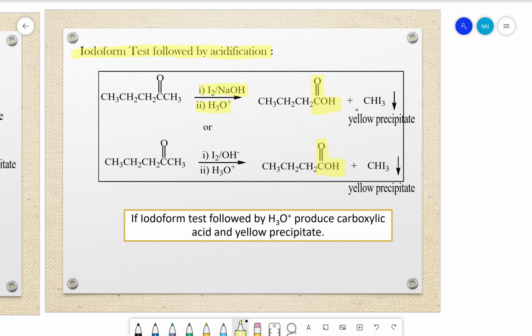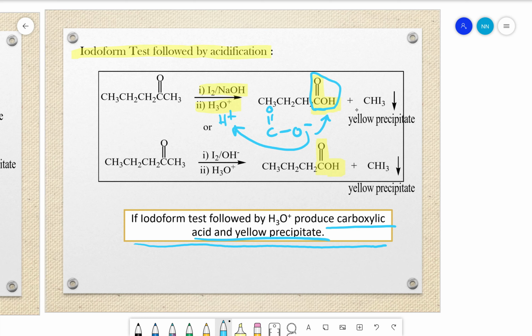Then if it's followed by acidification with H3O+, the proton from the H3O+ will balance out the O- of the carboxylate ion, causing it to form a carboxylic acid group. So an iodoform test followed by H3O+ produces a carboxylic acid and a yellow precipitate. Take note of this for the iodoform test followed by acidification.